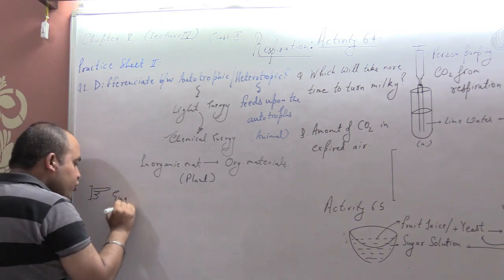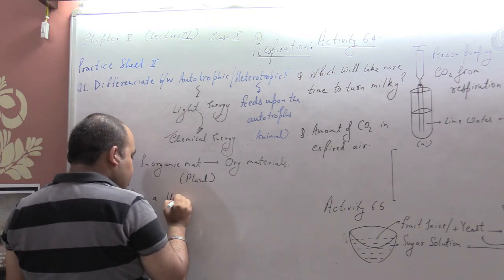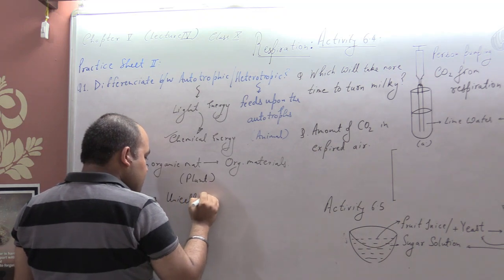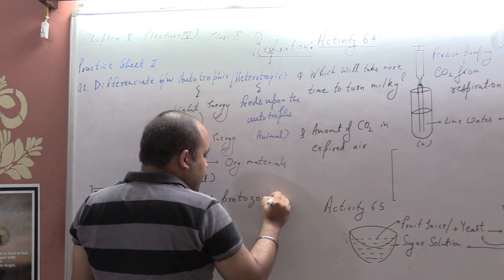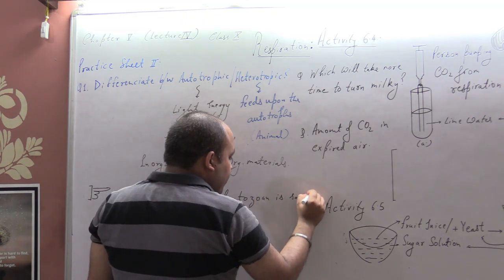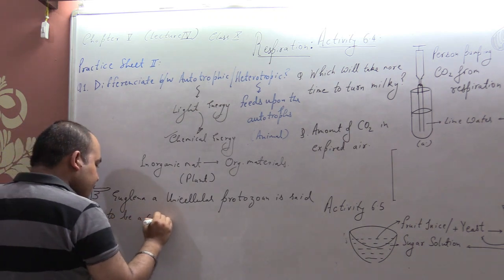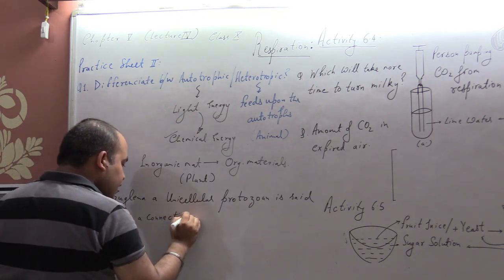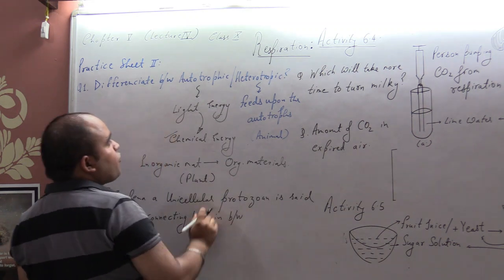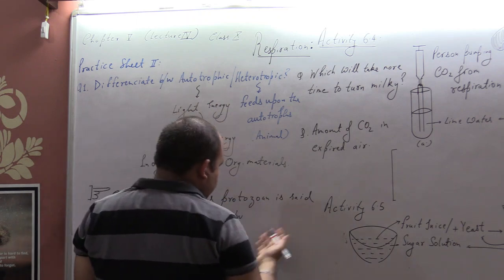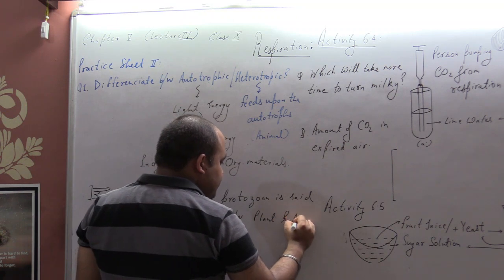Note Euglena. Euglena are unicellular protozoans, said to be a connecting link between the autotrophs and heterotrophs, between plants and animals.